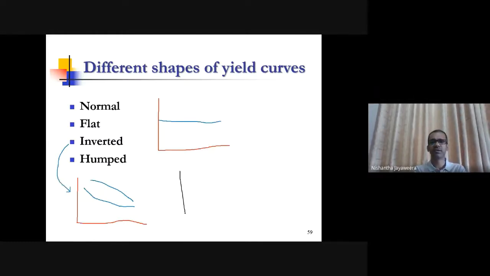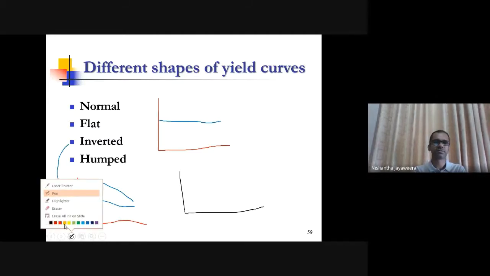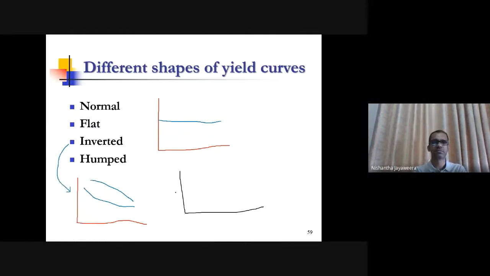In the humped one, there can be different shapes. It can be something like this, or something like this. So what's happening here? From short term to medium term, interest rate increases. That means with the time to maturity, yield increases.